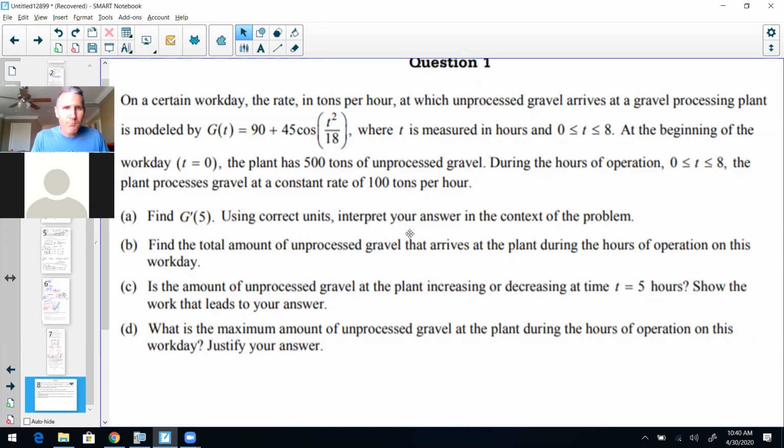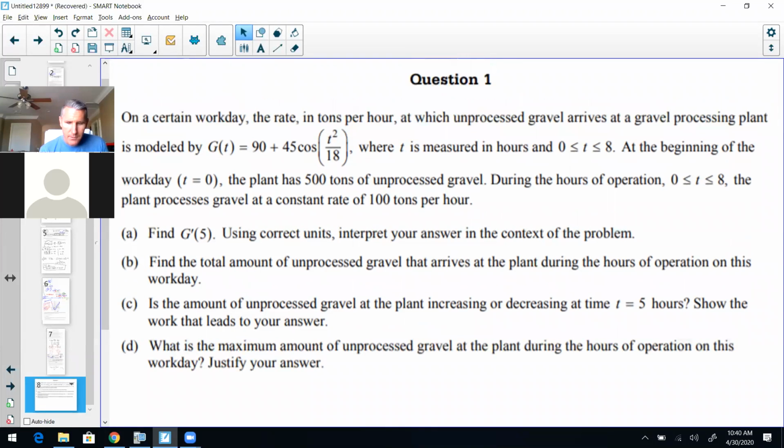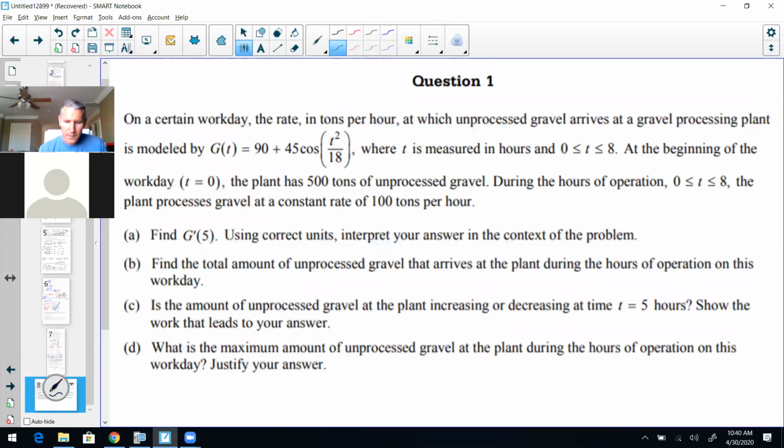They also tell us they're able to process the gravel at a constant rate of 100 tons per hour. So for the maximum amount of unprocessed gravel, that is going to occur either at t equals 0, t equals 8, or when the rate that the gravel is coming in is equal to the rate that it's being processed and taken away.